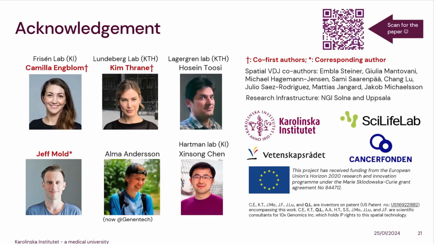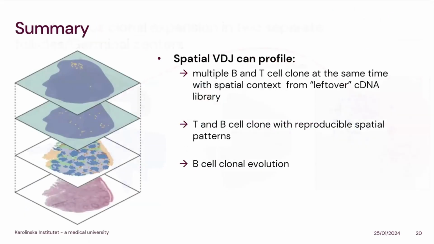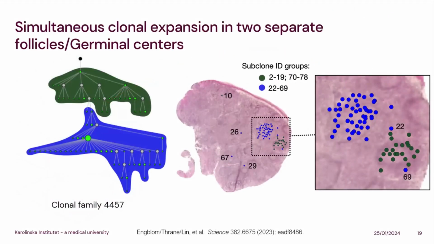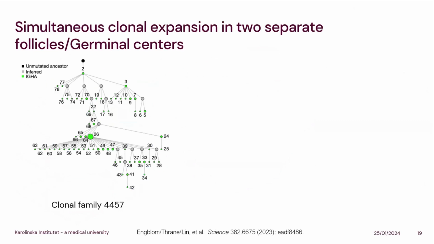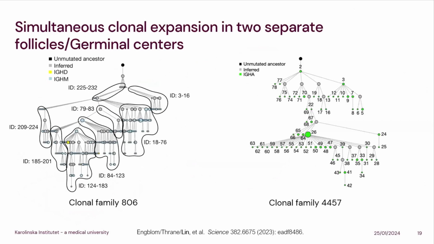But there's one limitation: each individual node, maybe I can move back. For example, those nodes here might have reads from different spots, and they might have different compositions of predicted cell types, which can mix up the gene expression pattern.